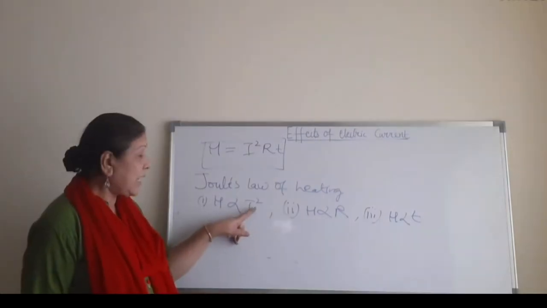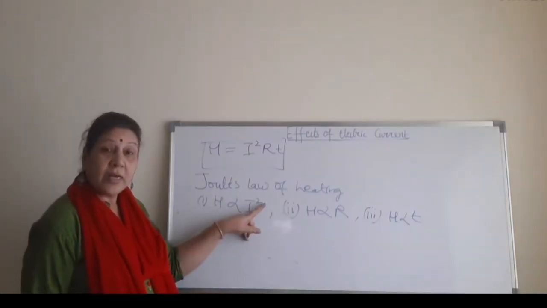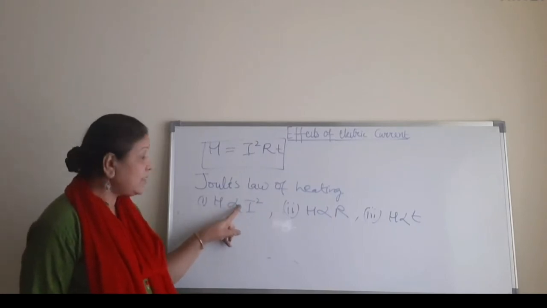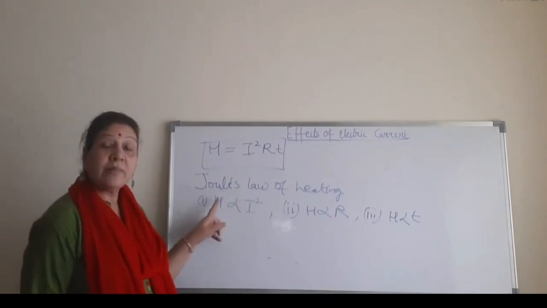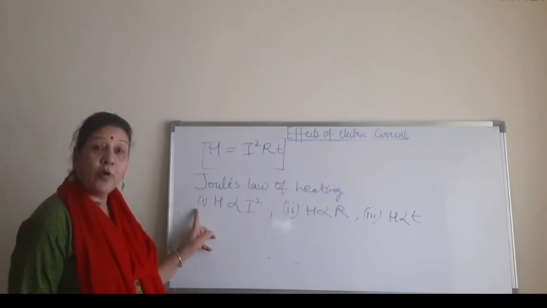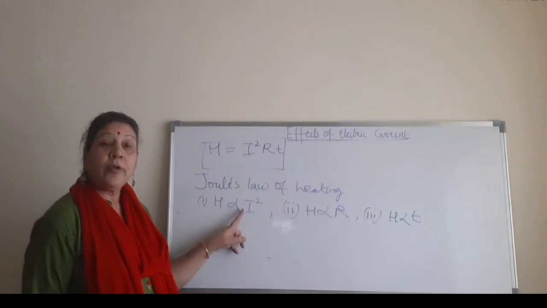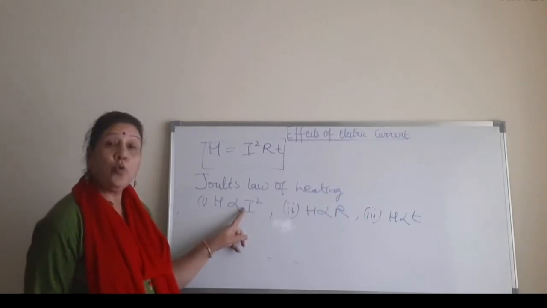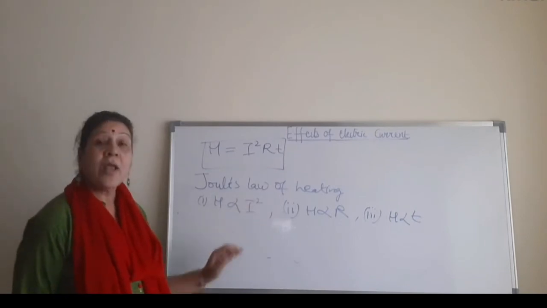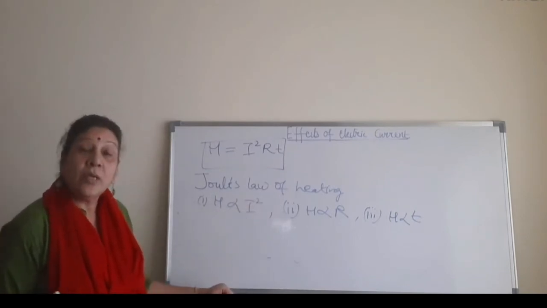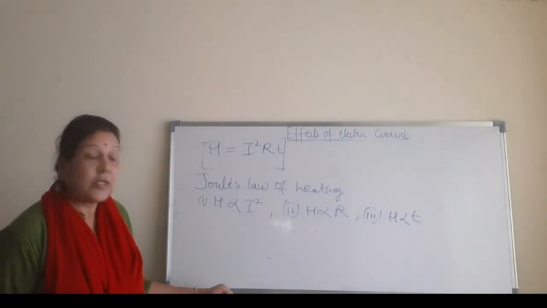If the current is doubled, so it is 2 times, then the heat energy becomes 4 times because it depends on the square of I. If I double the electric current in the circuit, taking 2I instead of I, naturally (2I) square will be 4I square, and the heat energy becomes 4 times the original value.